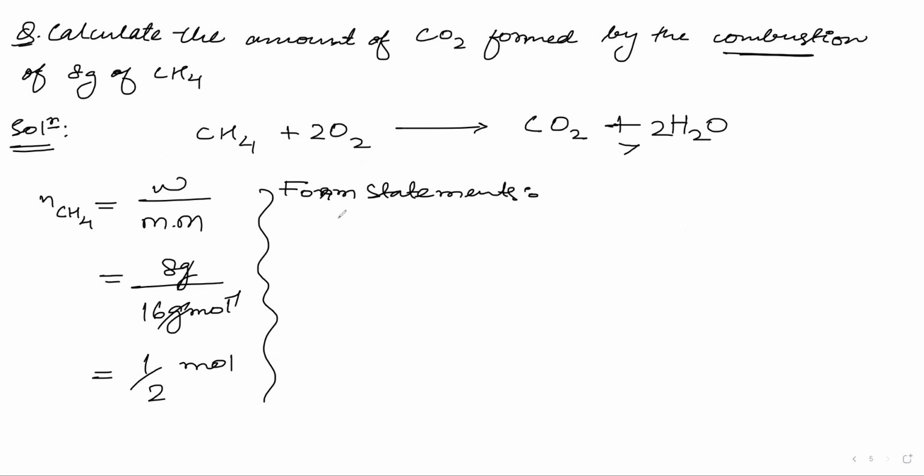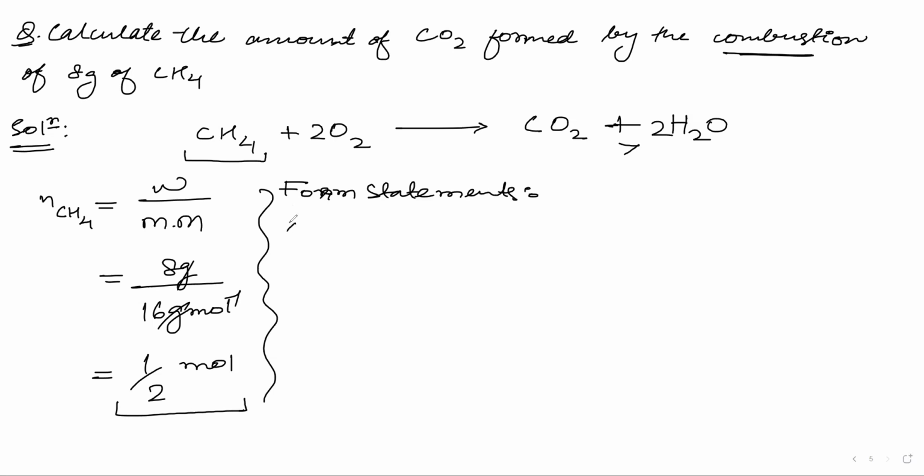We will write only what is given. You can write only one thing, because CH4 is given. Oxygen is in ample amount, unlimited, so only CH4 will be limiting. We have been given CH4, so we will do the reaction according to CH4.